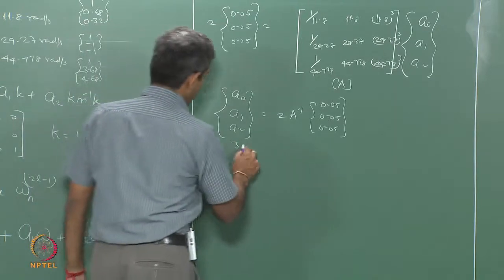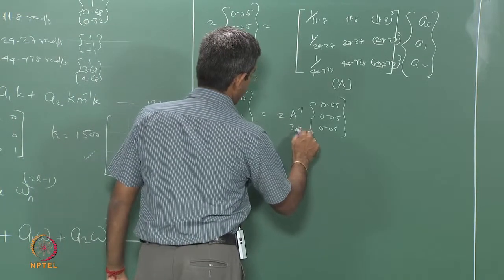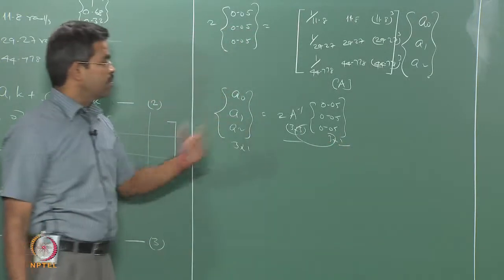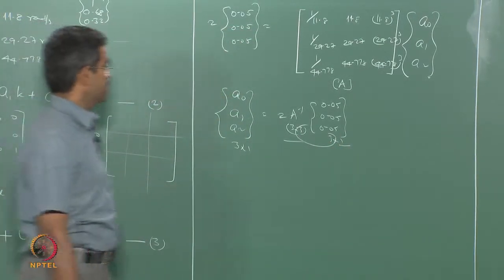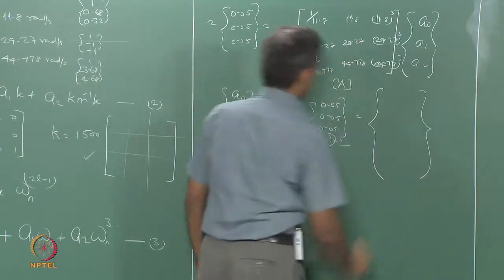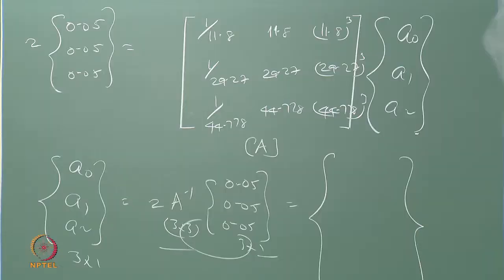So, 3 by 1, 3 by 3 and 3 by 1, compatibility, answer. So, can you get me the value of A0, A1 and A2 quickly? With the calculator you can easily invert a 3 by 3 matrix comfortably. So, get me the value of this vector, the coefficient vector A0, A1 and A2.